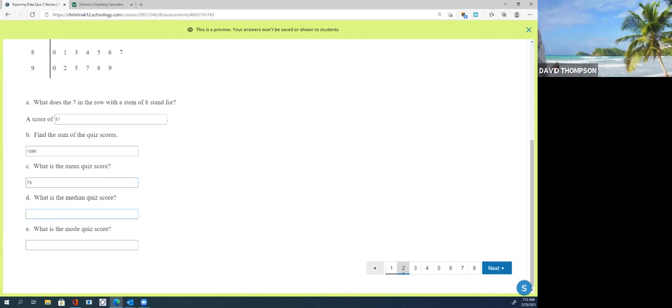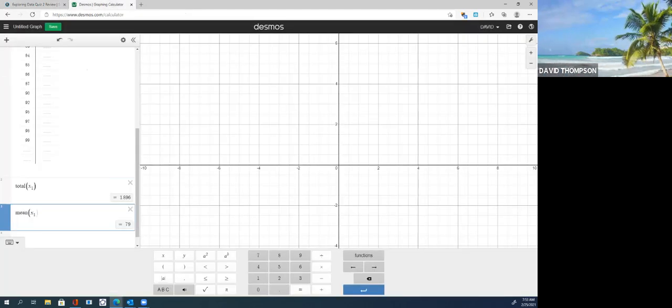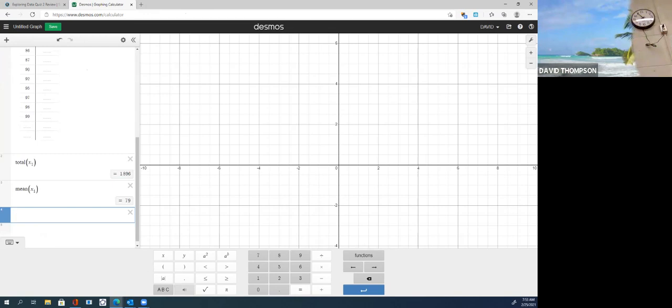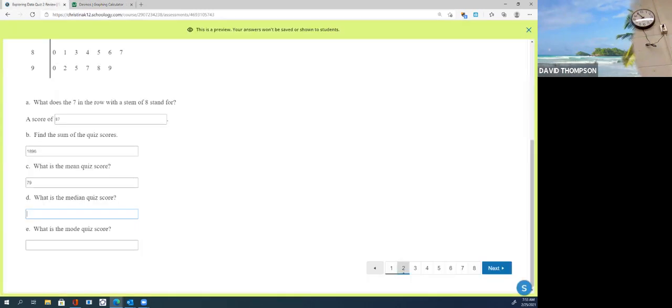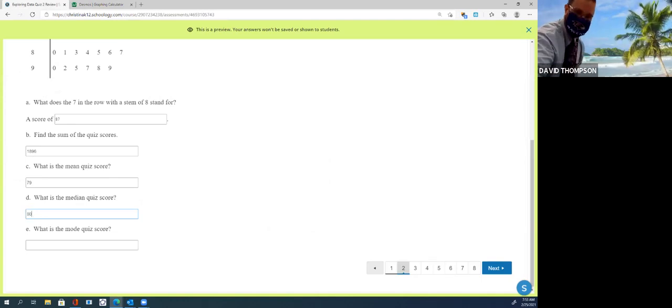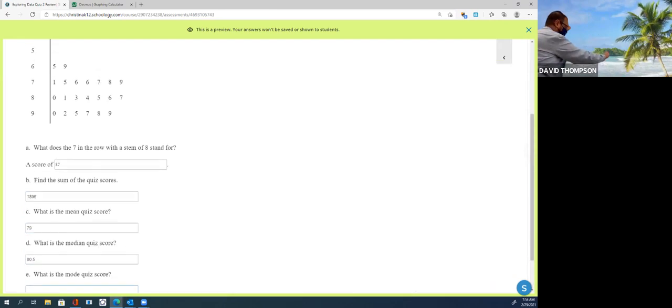Okay, what is the median score? So we're going to get to the next line, functions, median, x1. It's going to be 80.5. And then the last one, the mode, is just we have to find the one where there's a repeat or a lot of repeats.